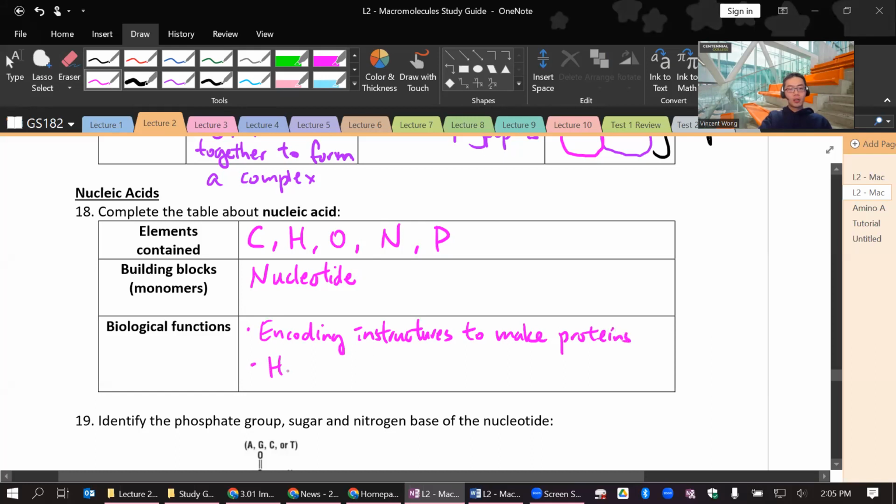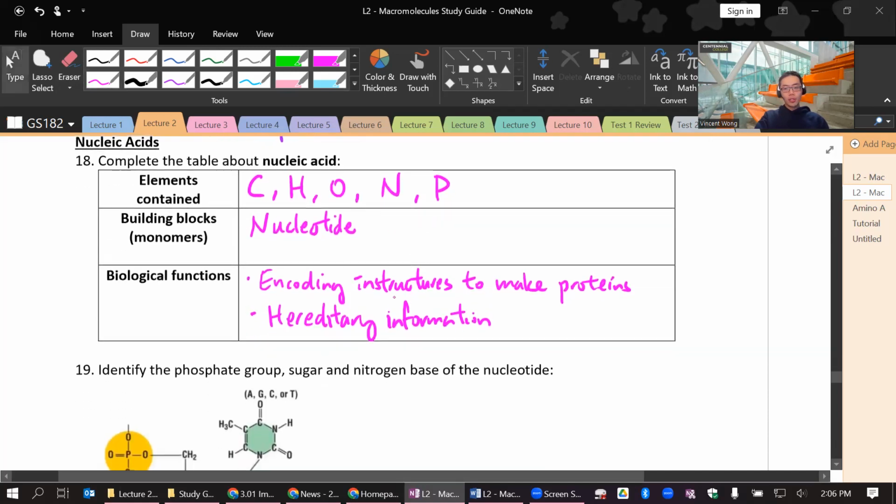And it is also the hereditary information. It's the information that gets passed on to future generations, right? We're going to have a whole lesson on nucleic acid later on. But for now, that's basically what it is.